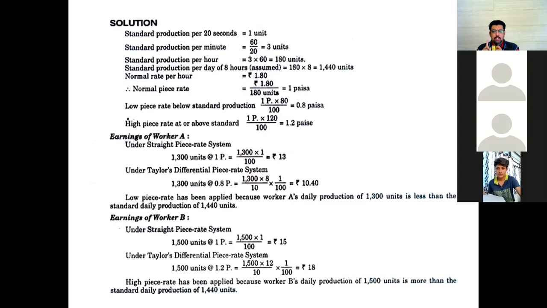So earnings of worker A, very important, I explained briefly. 1300 units at 1 paisa equal to 1300 into 1 divided by 100, equal to rupees 13.